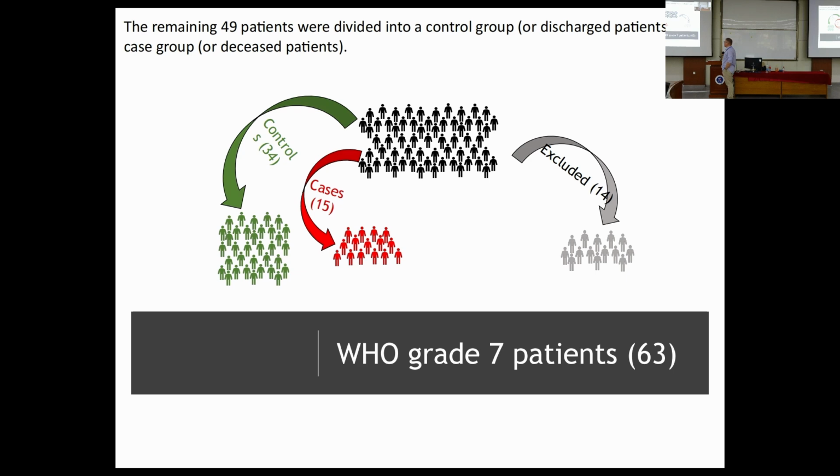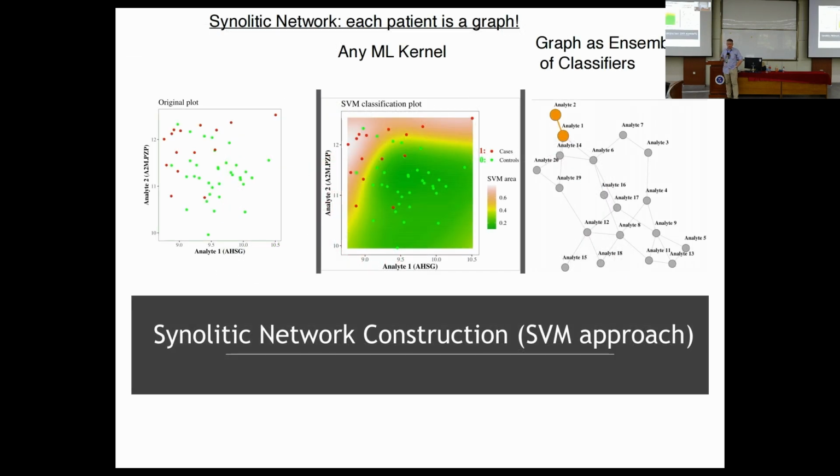So 34 patients, and we applied the following methodology that we have called constructing a Synolitic network. For each two patients, for each two features, so two protein concentrations, on the plane we plotted a cloud of patients who are controls, so healthy, who survived, and patients who didn't survive.